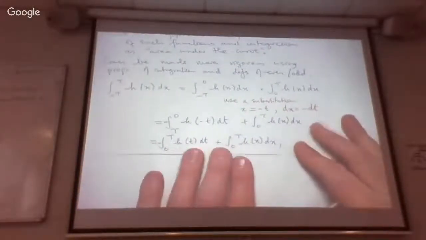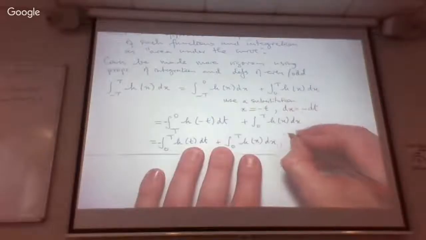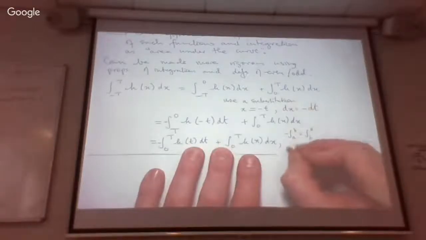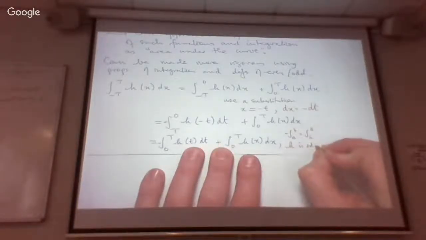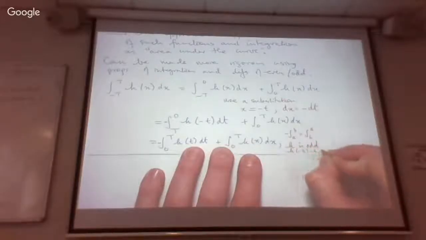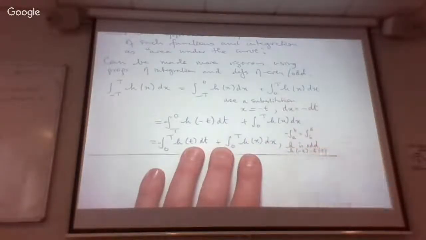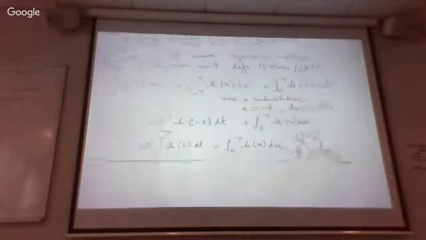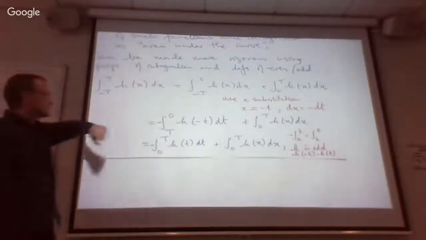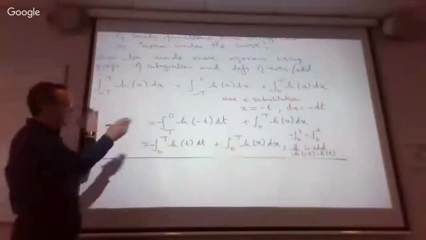So why is that true? There are two moves that were made there in combination. Negative the integral from a to b is always the integral from b to a. And secondly, h is odd, so h of negative t is minus h of t. Okay, so I applied both those properties here. You can phrase it however you like.